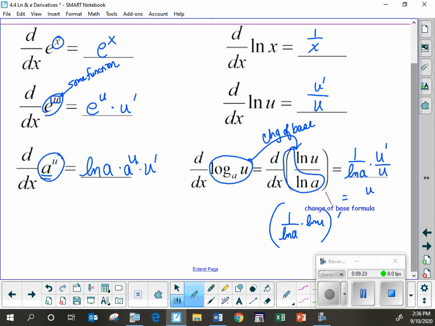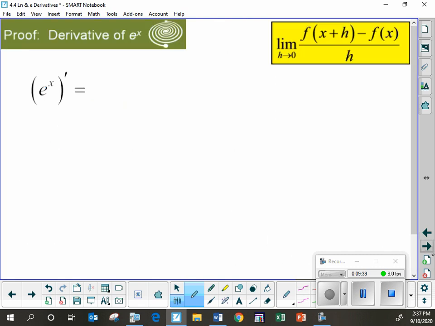So I could call this u prime over natural log a times u. It's kind of nice to see that change of base formula to identify how we got that 1 over natural log a. And if you can understand where it's coming from, that makes it a little bit easier to memorize.